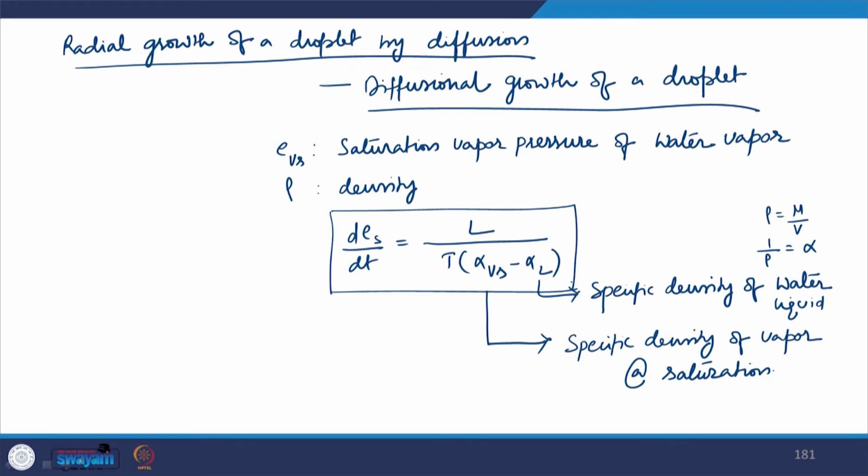So, we can rewrite the expression for our convenience, which is dES by dt is L by T into 1 by rho Vs, the density of water vapor at saturation, minus 1 by rho L. So, what I have done is I have used alpha, the specific density, as 1 by rho.